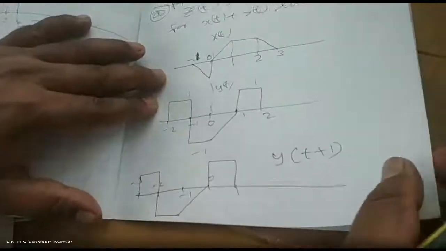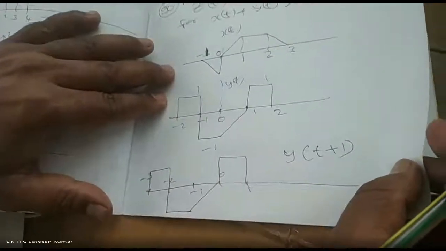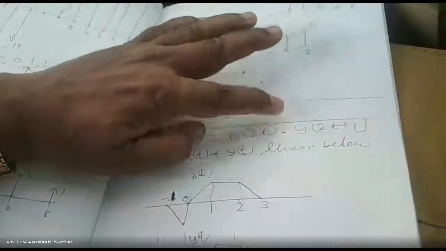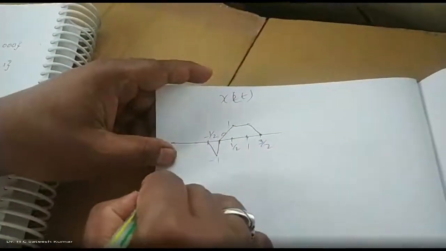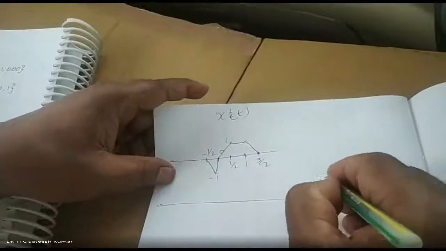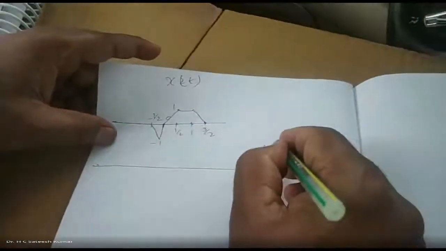Now, I want y of 2t plus 1. So, y of 2t plus 1 has to be multiplied with x of 2t. Therefore, I'll write this y of 2t plus 1 below that only. Okay. So, my x of 2t is readily available here. What I'll do is, I'll write y of 2t plus 1 aligned.